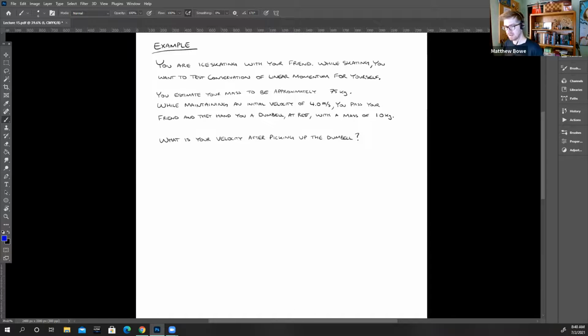While maintaining a constant velocity going on the ice, assuming it's frictionless, your friend will hand you, or prop up, a dumbbell for you to grab onto and pick up. As you pass them, you collect this mass that was at rest. So what we want to know is, what is your velocity after picking up the dumbbell?